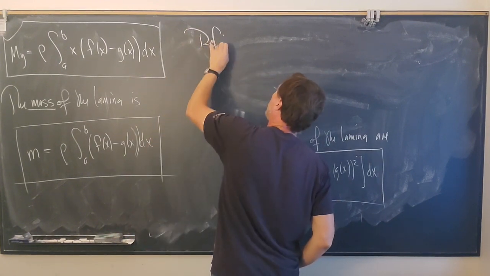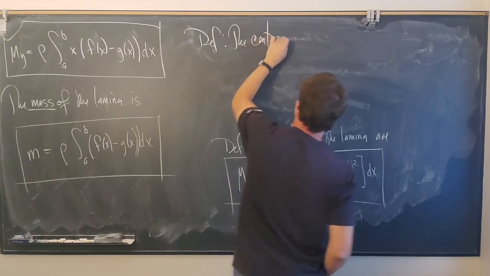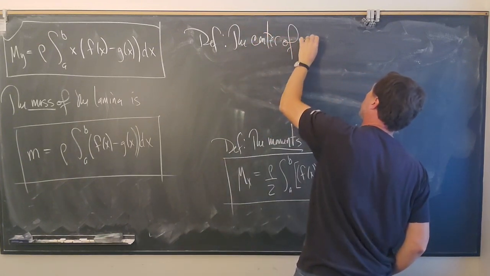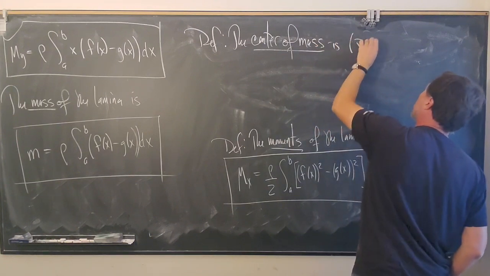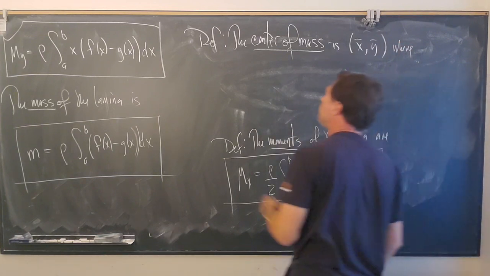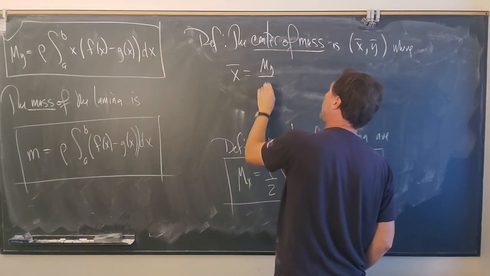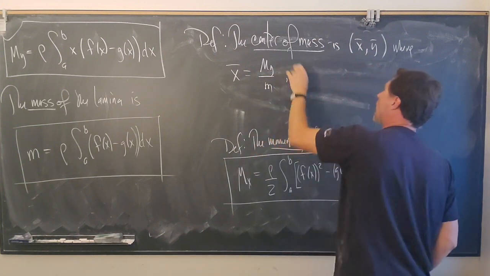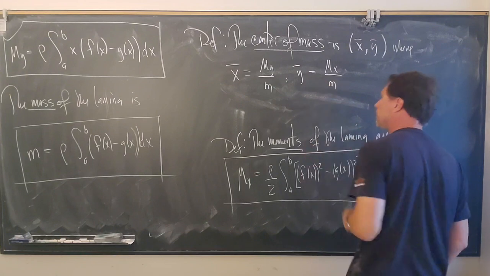So the center of mass is the point x bar comma y bar, where x bar equals m sub y divided by little m, and y bar is equal to m sub x divided by little m.